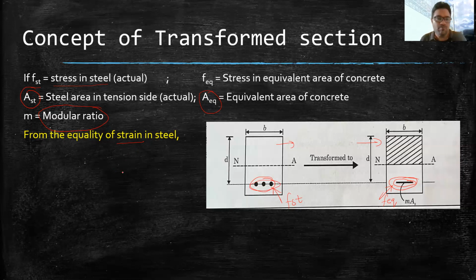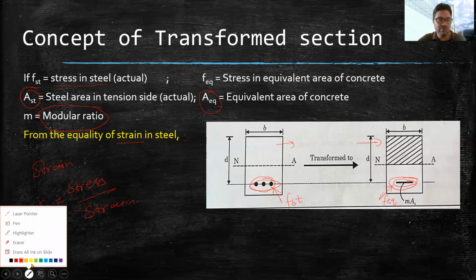Now, what is the formula that we use to calculate the strain? We know that Young's modulus of elasticity is stress upon strain. And to get the value of strain, it becomes stress by E. So the same relationship we will be using here.